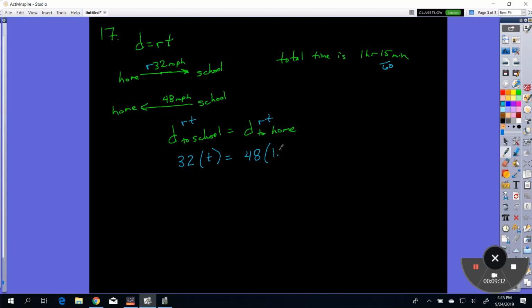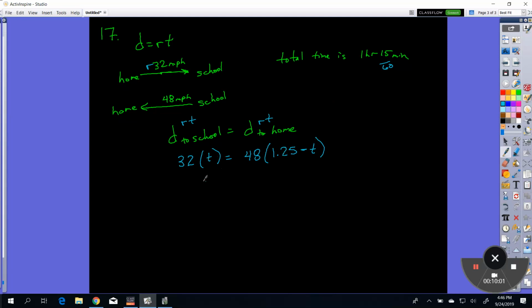So it took him 1.25 hours total, minus whatever this used. So that's how much time he has left. If he took 15 minutes, he has 1 hour. If it took 40 minutes, he has whatever less that is from this. Okay? So whatever time he used to go to school, I go 1 hour and 15 minutes minus that time, and that'll give me the time that he has to go home.